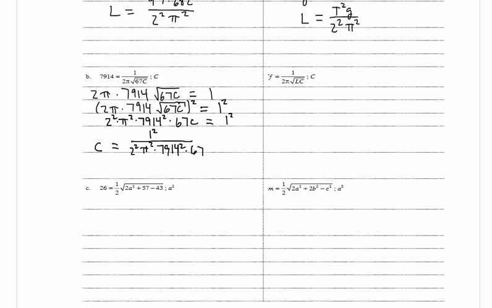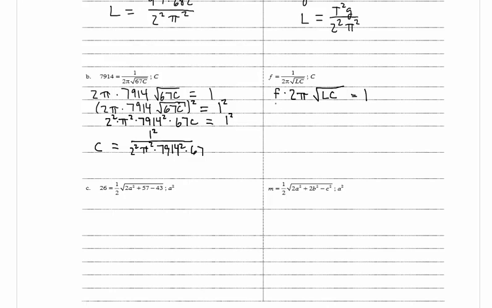In this example, we have f is equal to 1 divided by 2 pi times the square root of LC. So again, just like the last example, we're going to cross multiply first. So I have f times 2 pi times the square root of LC is equal to 1.